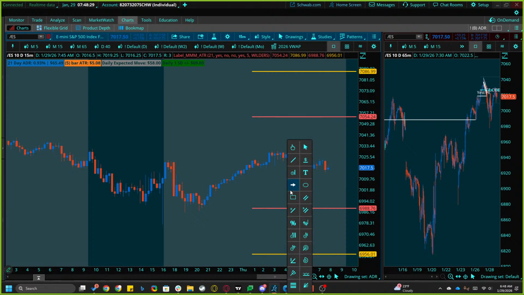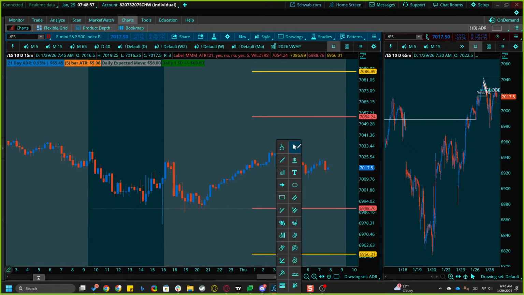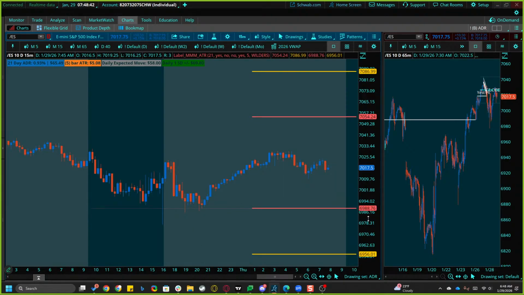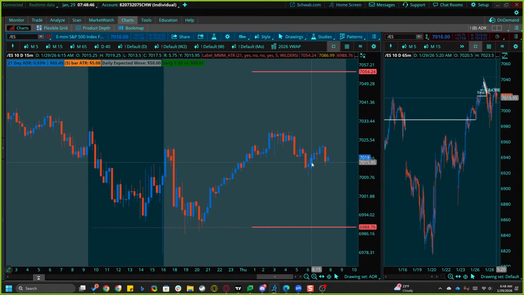All right, even though the line isn't there, just because of the way that this platform draws them, we hit the lower ADR last night. If you hit one side early enough in the day, you can go to the other side by the end of the day. The problem with all of this is when the line gets drawn, right?